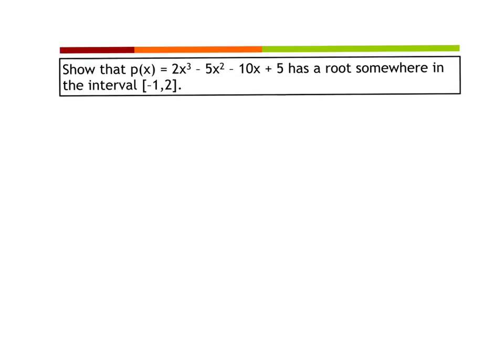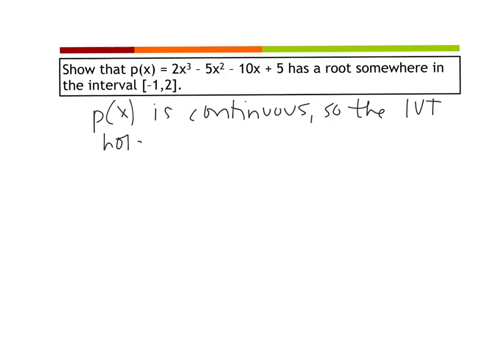So first, if I was actually showing it, I would say p of x is continuous, so the IVT holds. You should make note of that. If you're really doing good math, you would note that you meet the qualifications for the theorem, so you're allowed to use it.